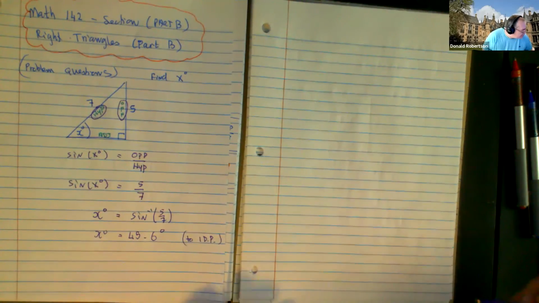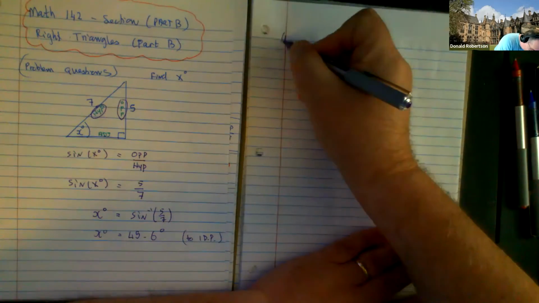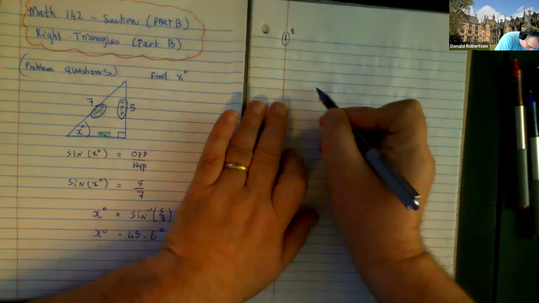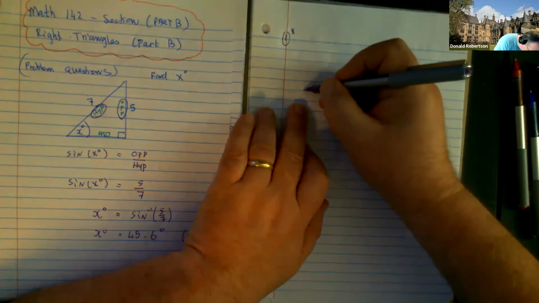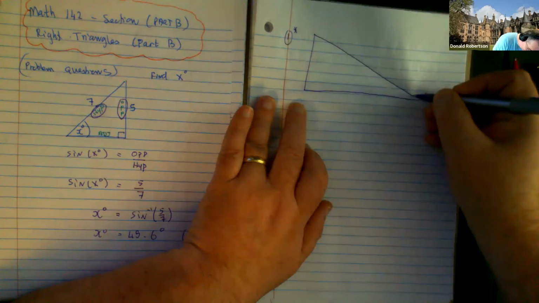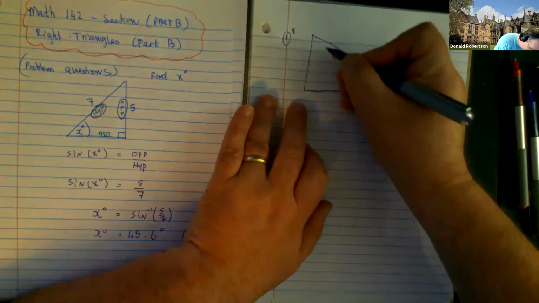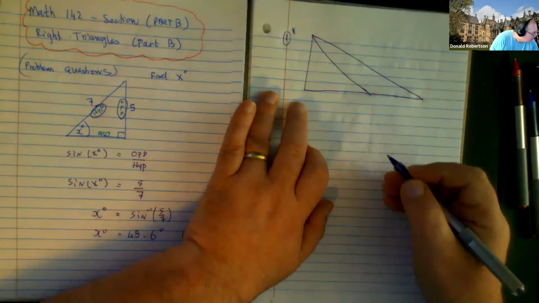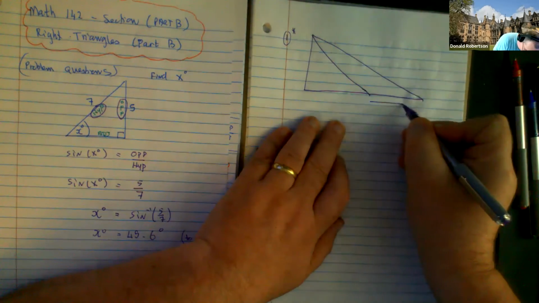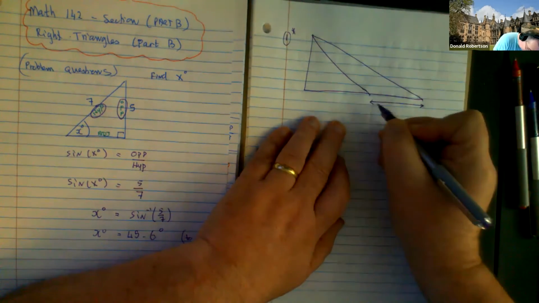So here is our first real puzzle, something that's got a lot going on. A right angle triangle looks like this, and we've got another line coming down here. We are being asked to find that guy.